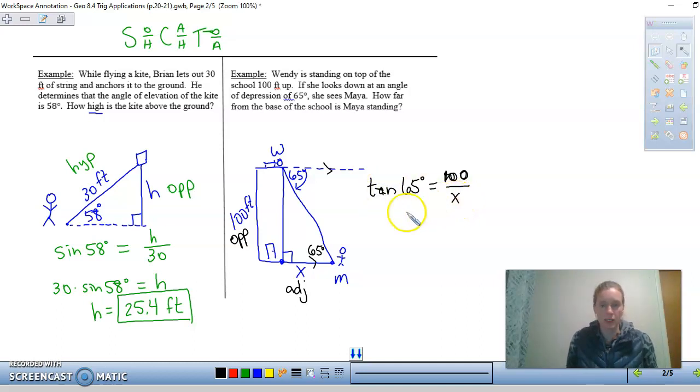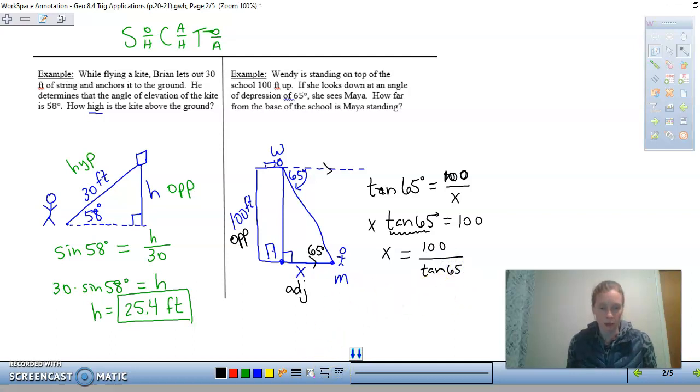What happens here is you're going to multiply by x to the other side, and then you're going to divide by that tangent. All of this sticks together when you divide it over. So x is going to equal 100 divided by tangent of 65.